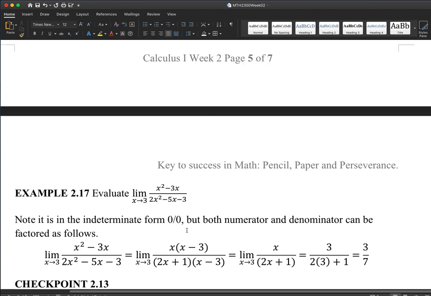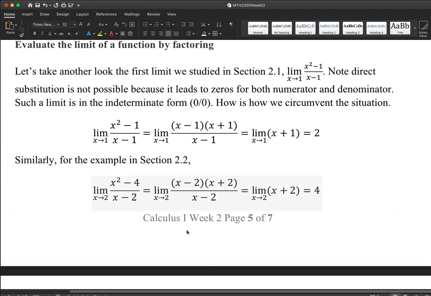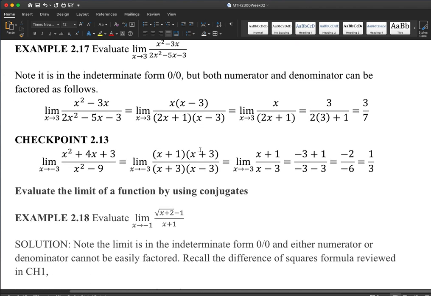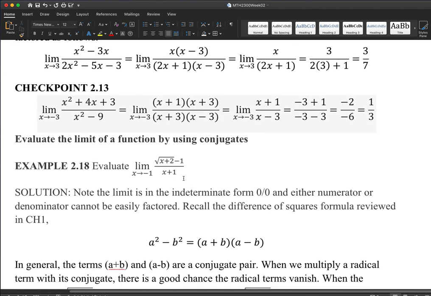And so far, we covered 2 extreme cases. We cannot use direct substitution directly because the limit, it is in the fashion of indeterminate form, 0 over 0. Then we consider factorization. The second case, we just finished in this part of the video, when we have a radical involved.